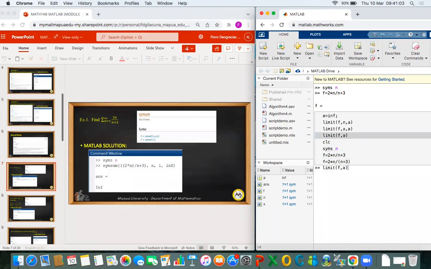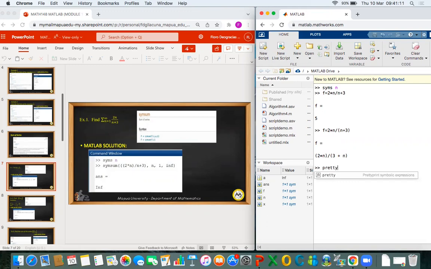This command pretty will make your expression the same as what you have in the problem. Pretty f, because that's your function. So open parenthesis and close parenthesis f. So you see, class, I have now the same expression as provided in the problem, 2n over n plus 3.